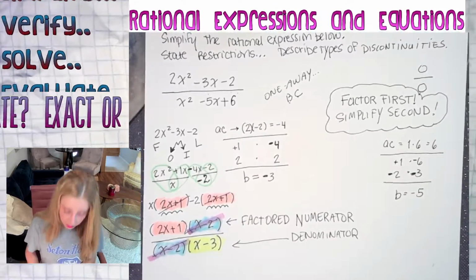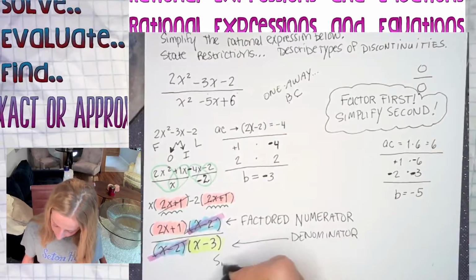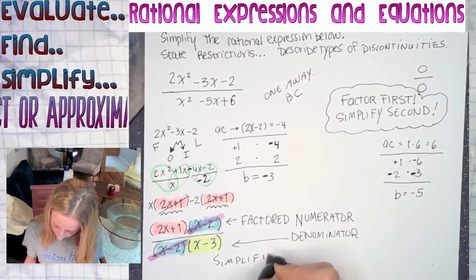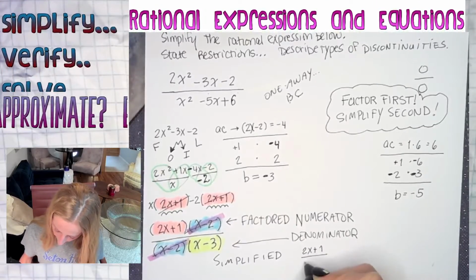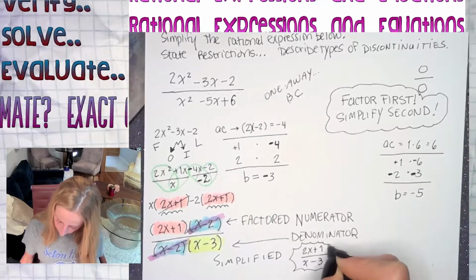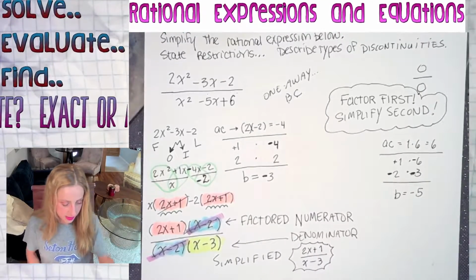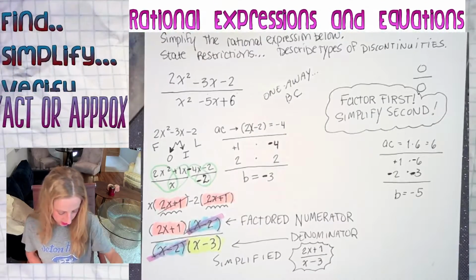So simplified answer, fully simplified: 2x plus 1 over x minus 3. There we go. Now it's time for the restrictions.